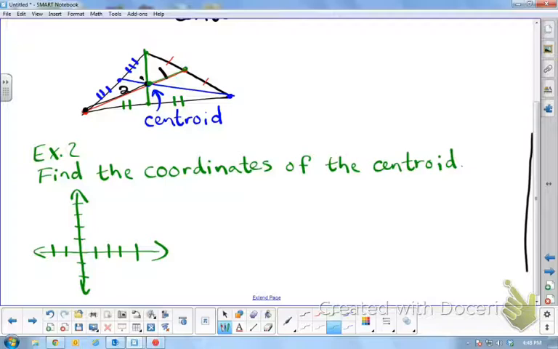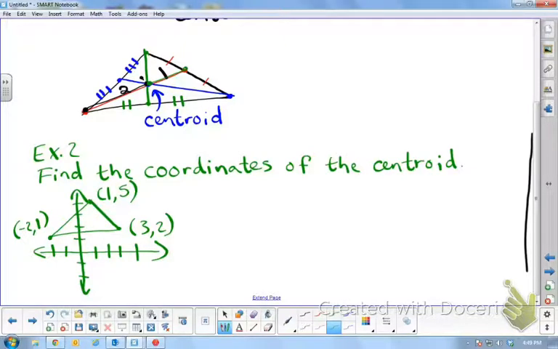So I'm going to put one vertex at the point -2, 1, one at the point 3, 2, and one at the point 1, 5. So this is the point -2, 1, this is the point 3, 2, and this is the point 1, 5.